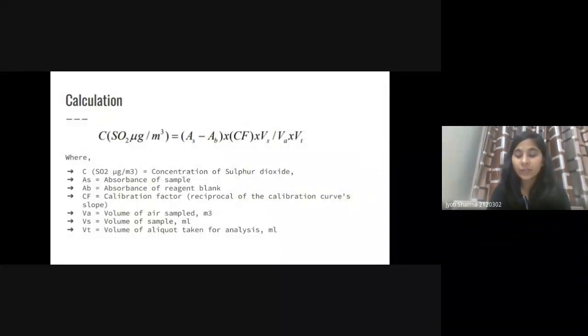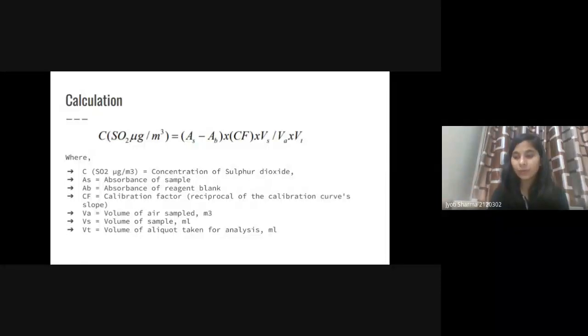And for the calculation, we have a formula. It uses the absorbance of the chemical that has your sulfur dioxide, and one that we will take as the reagent blank, in which there is no sulfur dioxide. We calculate the absorbance of those two cuvettes in the spectrophotometer. Then we have the calibration factor and the volume of the air sampled.